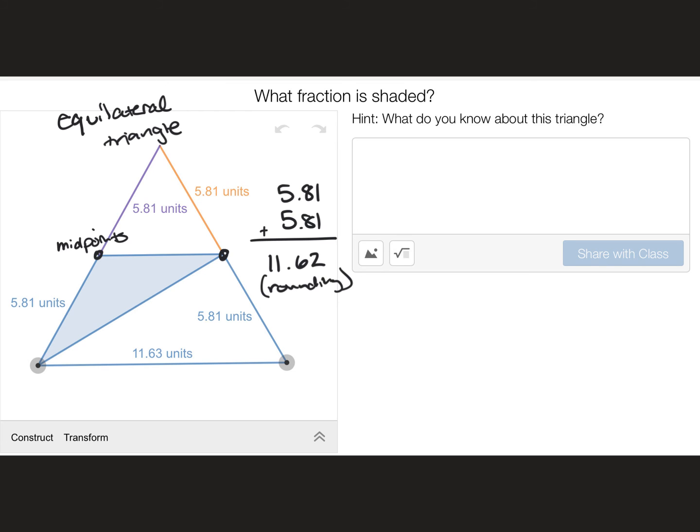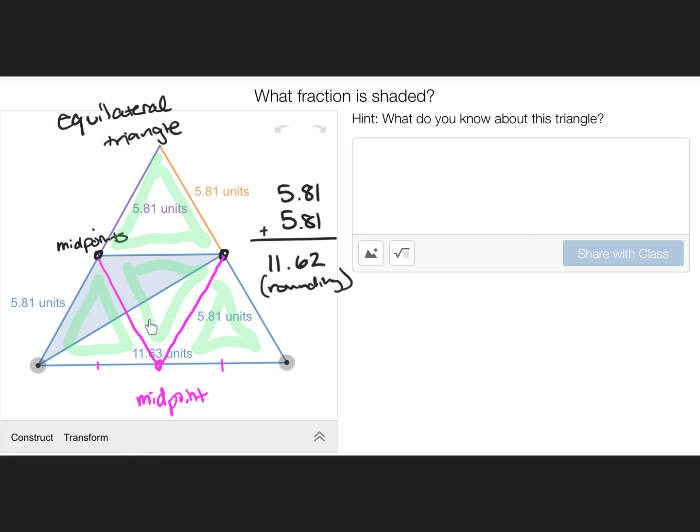One suggestion is to add the midpoint here, where this and this would be equal in size, and then just imagine this lovely triangle here. If you do that, then you can see there are 1, 2, 3, 4 triangles that are all equal in size, and you know they're the same size because the midpoints make this length and this length the same.